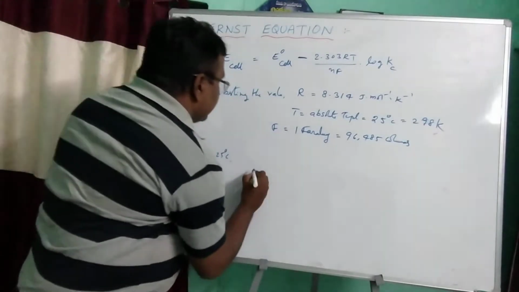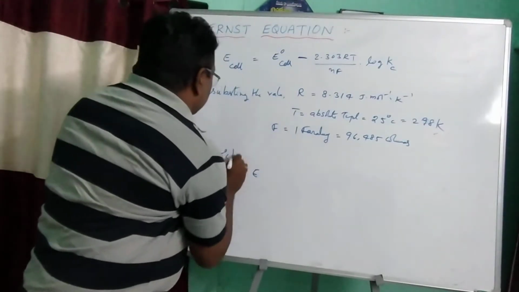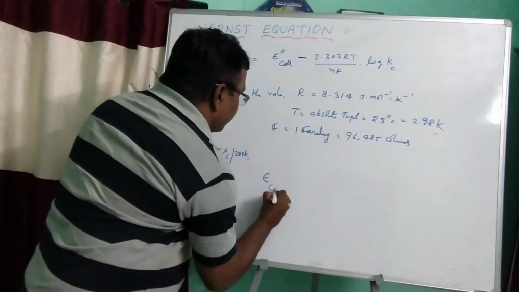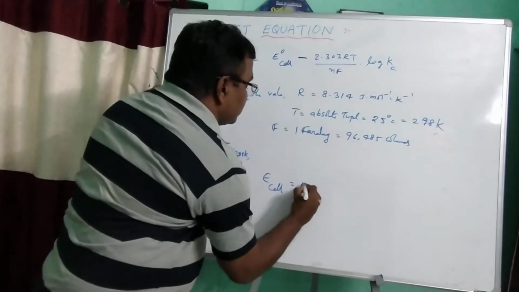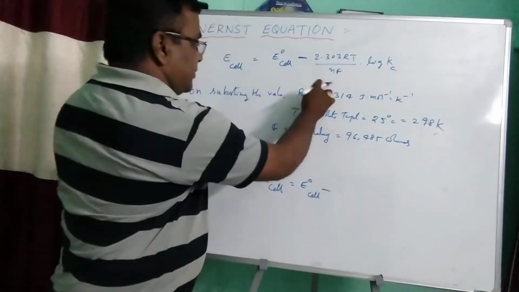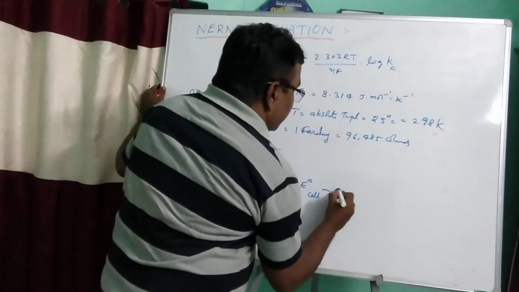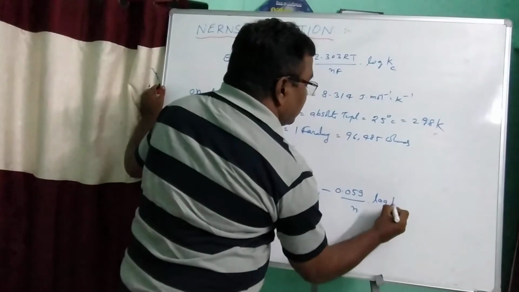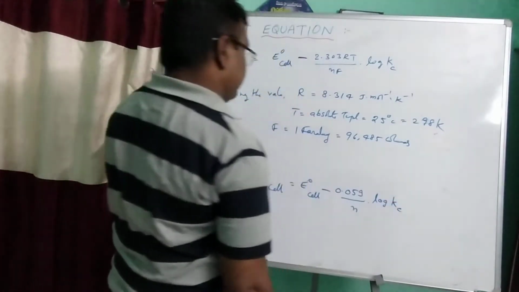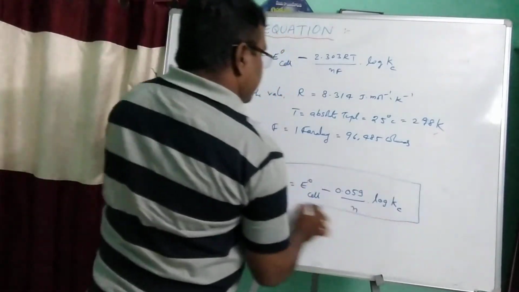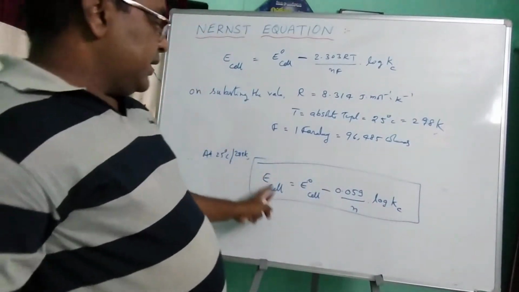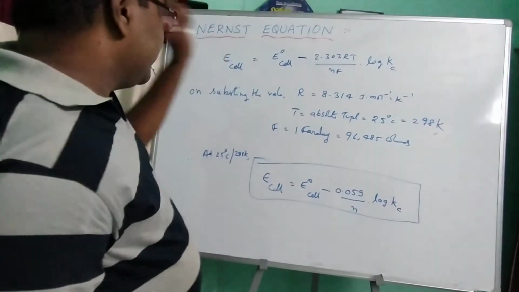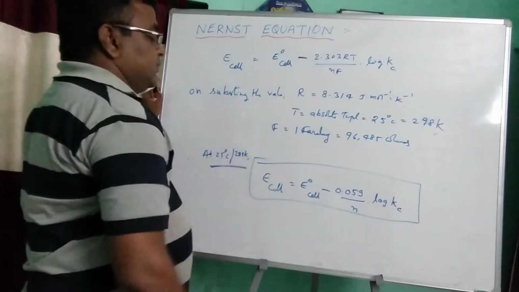So at 25 degrees centigrade or 298 Kelvin, E cell is equal to E0 cell minus 0.059 by N into log Kc. This is the Nernst equation which is used to calculate the EMF of the galvanic cell at room temperature.